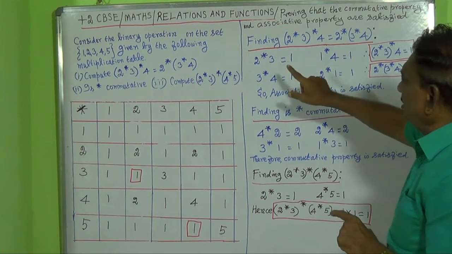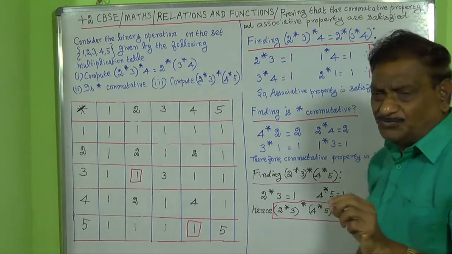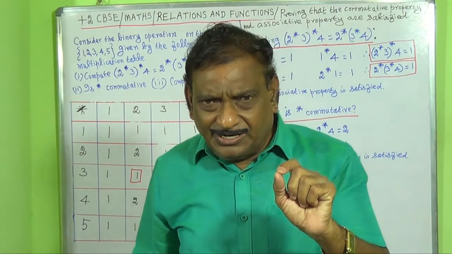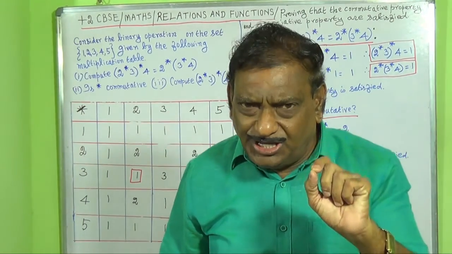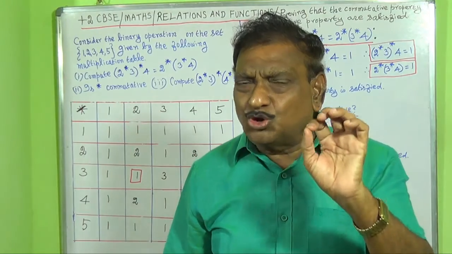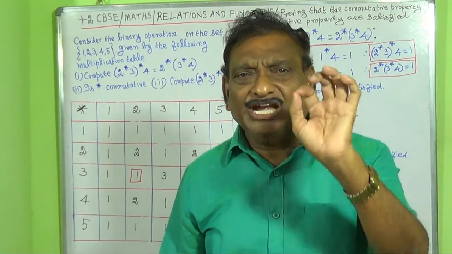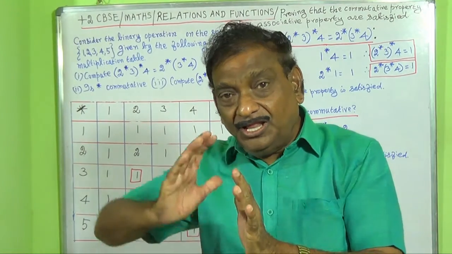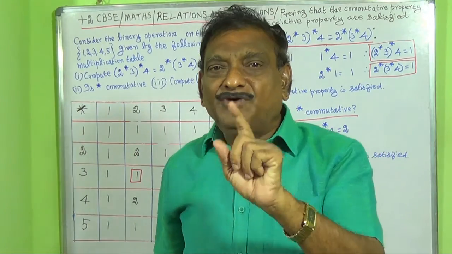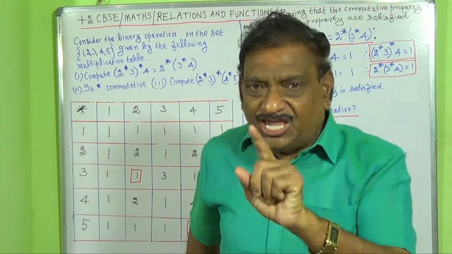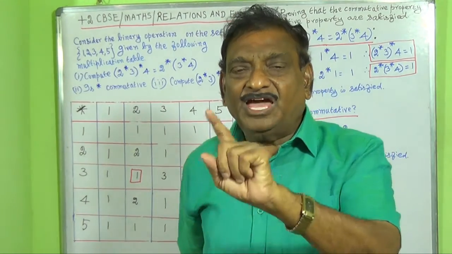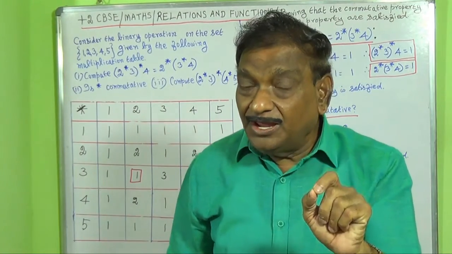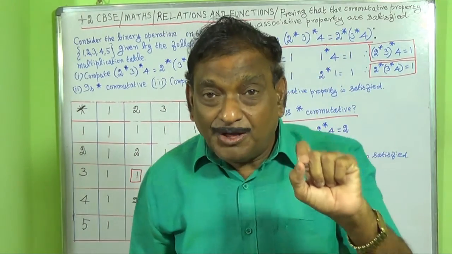On seeing this expression, we realize that they are asking whether the associative law is satisfied or not. They are not writing that word, but the given expression says that. Why? What is the associative law?